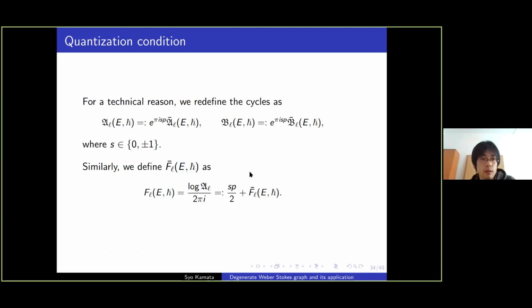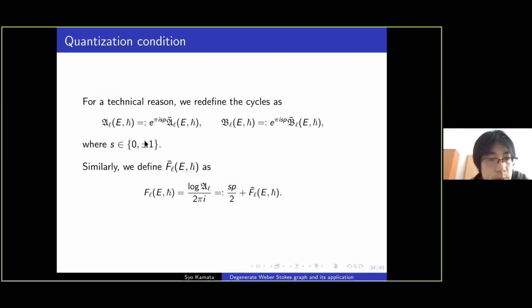So for example, if you look at the A cycle here, and also look at F, the linear order of F can depend on the P here, which is basically proportional to H bar in the potential.